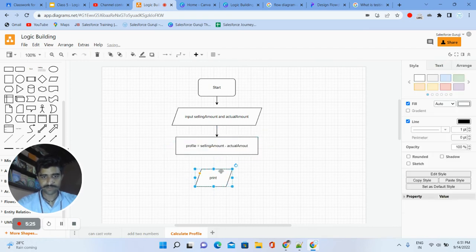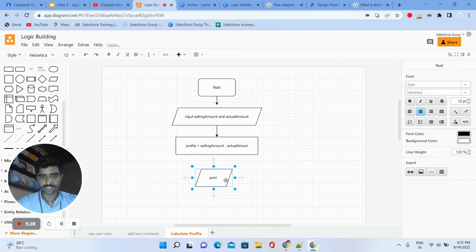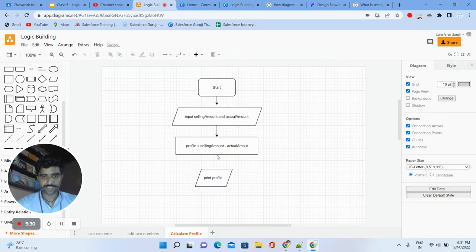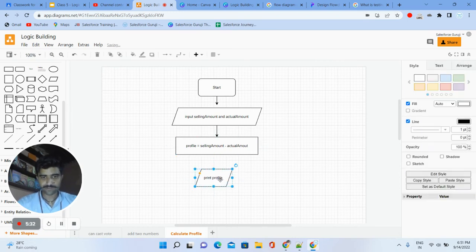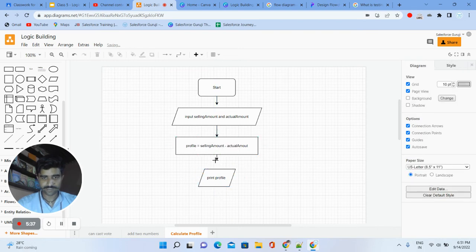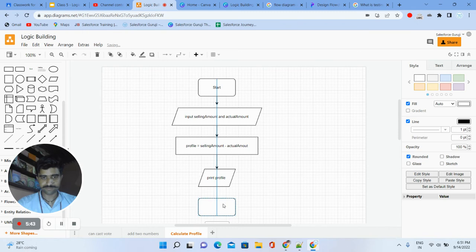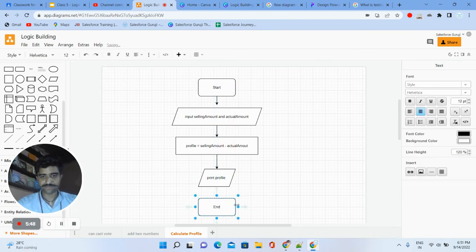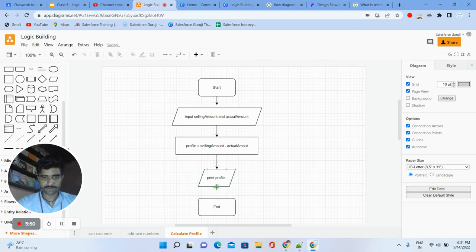Again we have to connect it. Centralize, and connect it. Done. Now we want to just end it, so we can put an end element here. Our flow is ready.